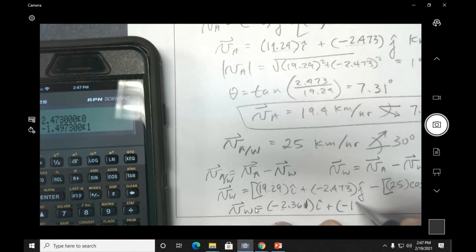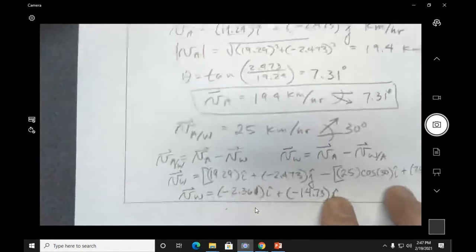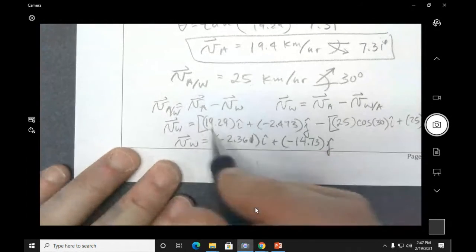So it's a minus 14.73 j, and I ran out of paper. I can keep writing.